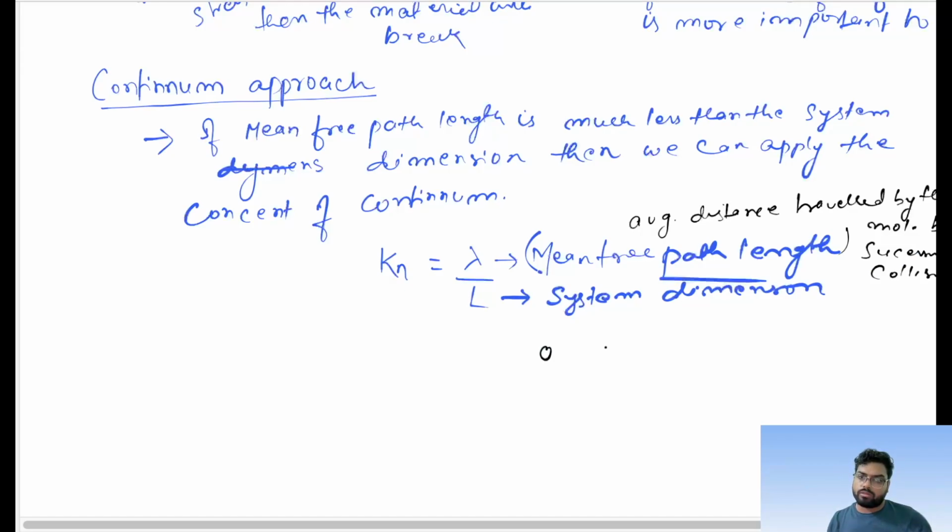So this is a molecule and this molecule will collide here and again, following some random path, it collides here. So this distance is called the mean free path length.